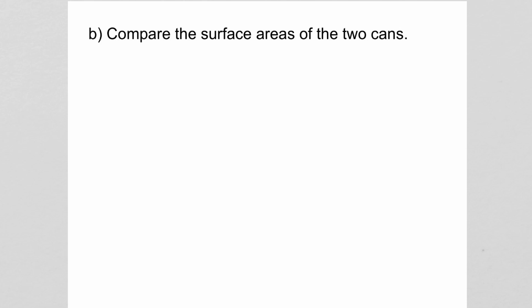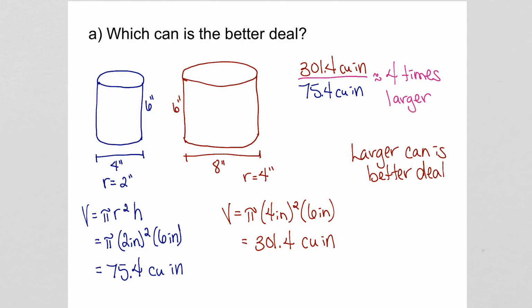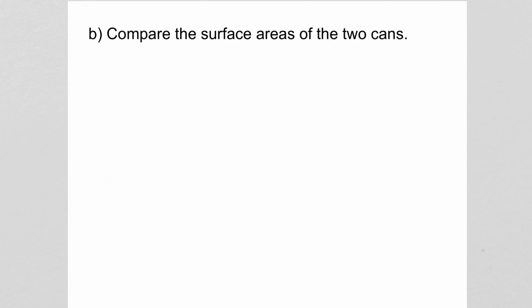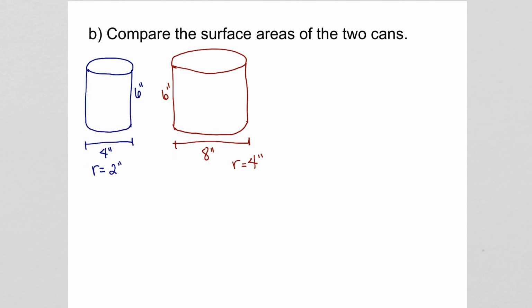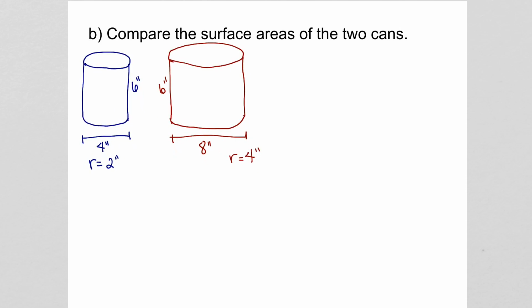And it says compare the surface areas of the 2 cans. So I'm going to pick up my picture and take it over so I don't have to draw it again. So the surface area for the first one is 2 pi r h plus 2 pi r squared.